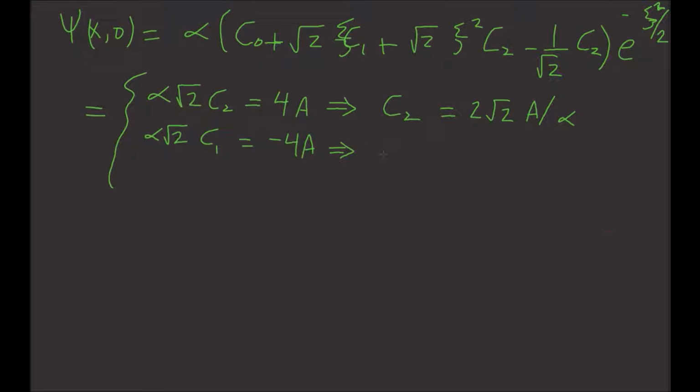Solving for c1, we get c1 equals minus 2 square root of 2 A divided by alpha. And finally we have alpha times c naught minus c2 divided by square root of 2 equals A. And solving for c naught, we get c naught equal to 3A divided by alpha.